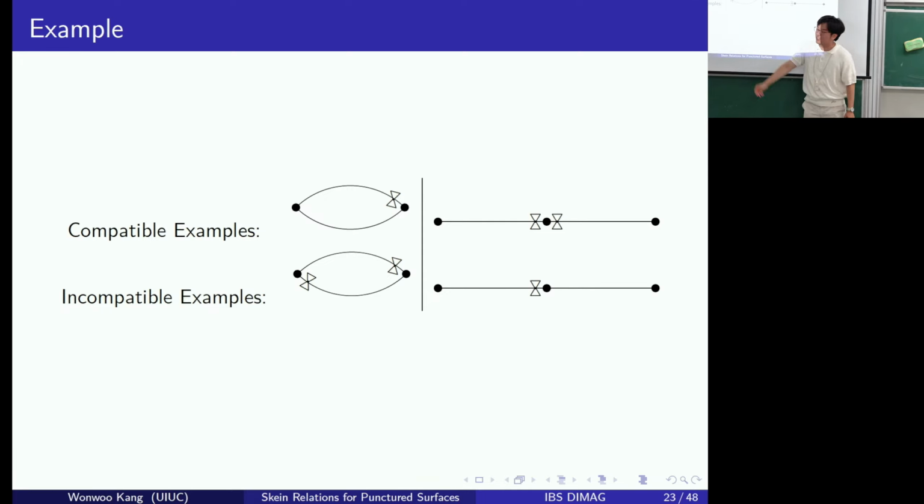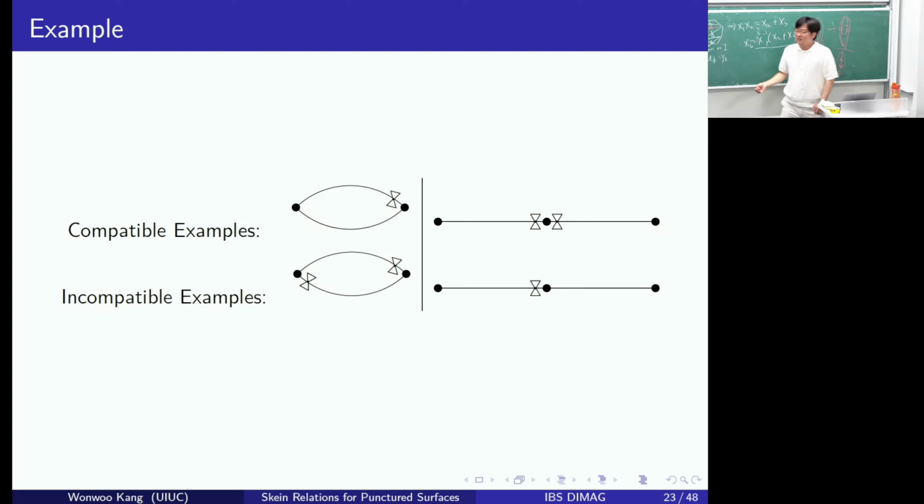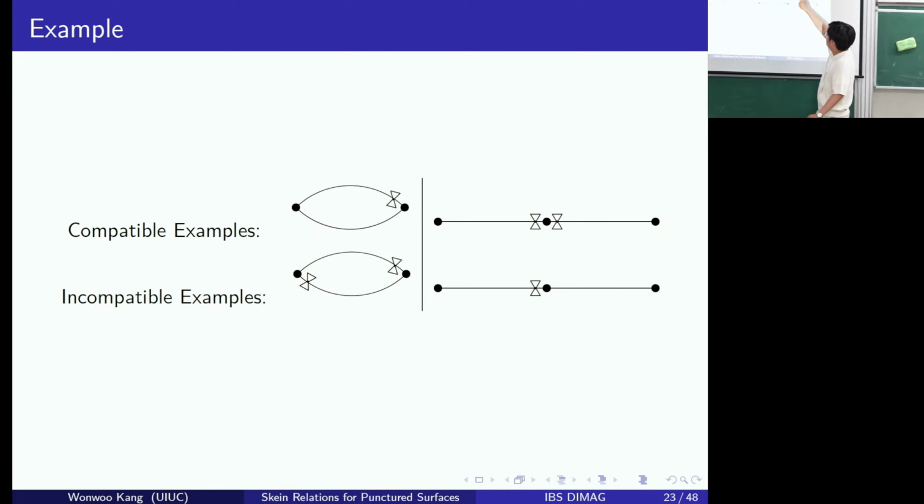So this is incompatible. And then the third rule is that even if, after we remove the notch, they are not the same but share an endpoint, at that endpoint the tag should be the same. So they should be either both plain or both notched. So this one is fine because in this arc and this arc, both of them are notched. But in this case, one is notched and one is plain.